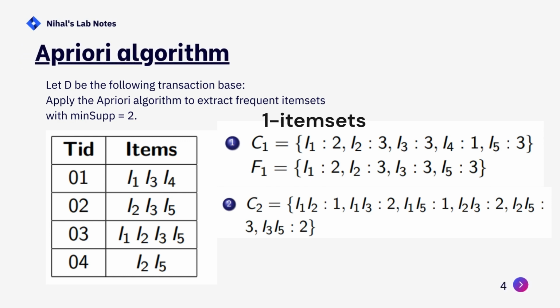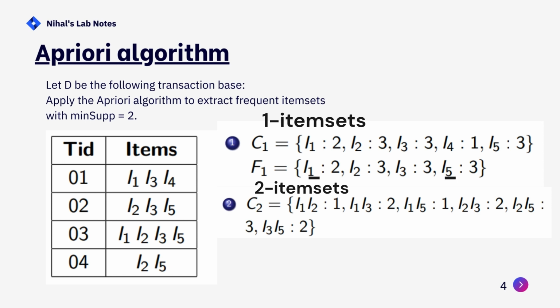Now let's see item sets of size equal to 2. For F1, we have I1, I2, I3, and I5. We are going to do a join between I1 and I2, then I1 and I3, then I1 and I5.